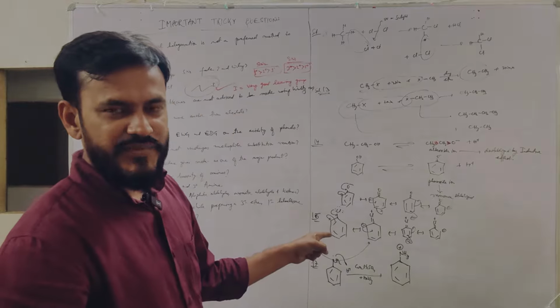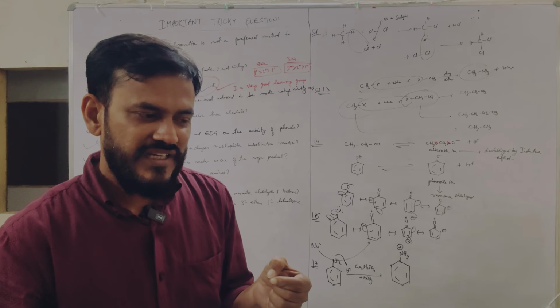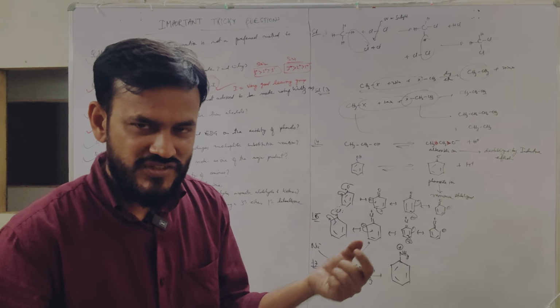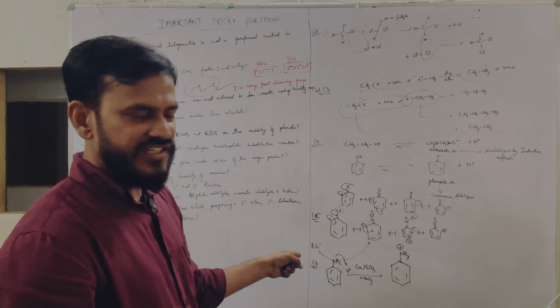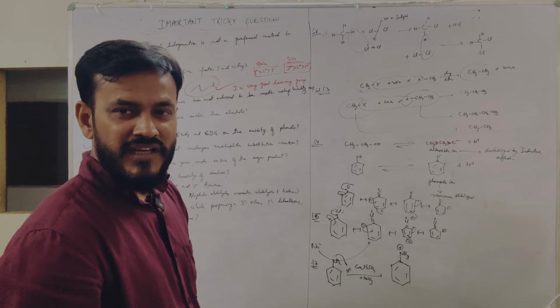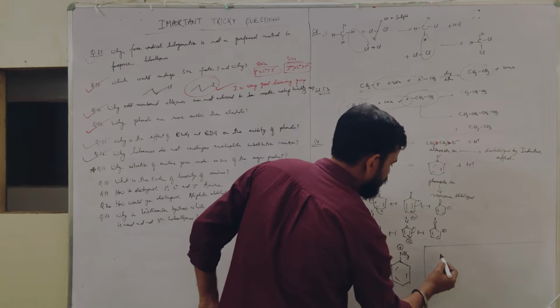When plus charges appear on ortho and para positions, the meta position is relatively having more electron density as compared to ortho and para. That is why when nitration is done for aniline, meta is one of the major products. So let me write down the reaction. The reaction looks like this.